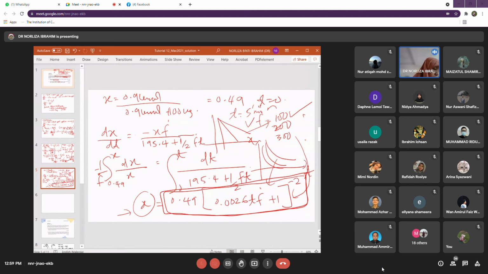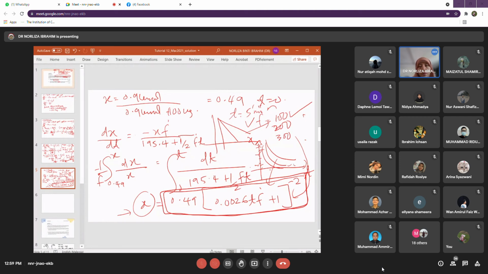So the complete answer for this you should try. Now I have given you the relation of X with respect to T, so you should be able to solve this. For the plotting, if you do it in Excel, there is already a scale, which is very good.